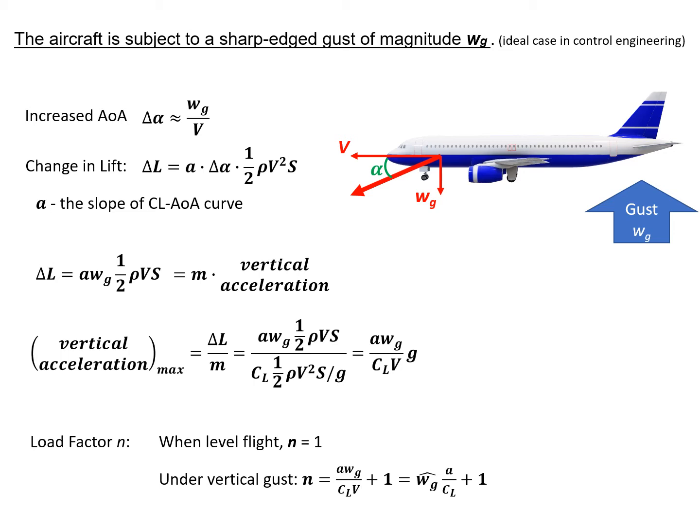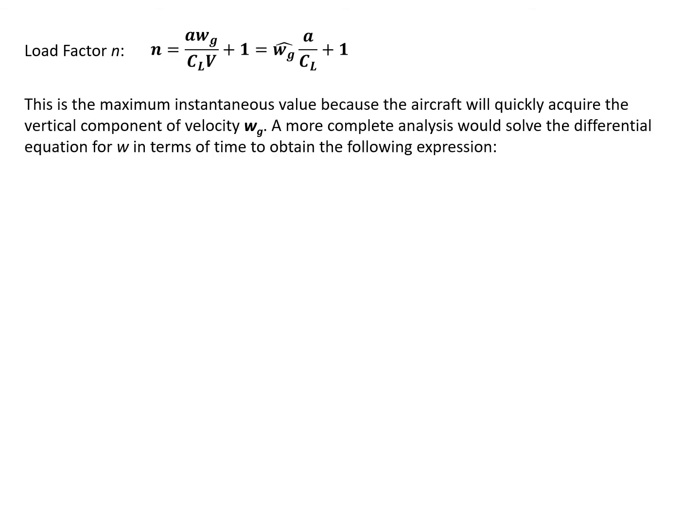So this is the derivation so far, and you can see in the last line we have Wg hat, which is a non-dimensional vertical gust magnitude. Okay, so I'm writing it again, the load factor for the aircraft on the vertical gust.